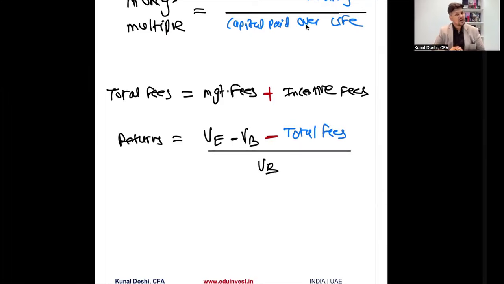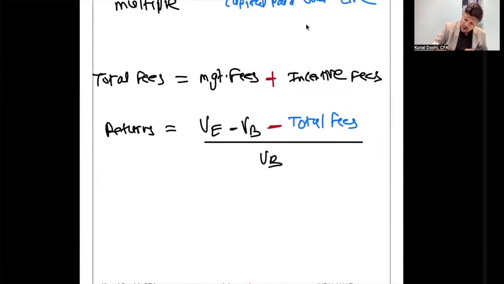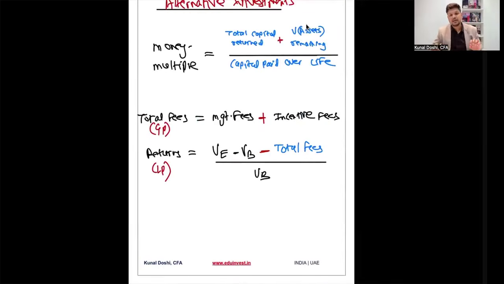Everyone with me? That's going to be your return. Of course, multiply by 100 to get a percentage. Returns are for the LP and fees go to the GP. Is that clear to the class?